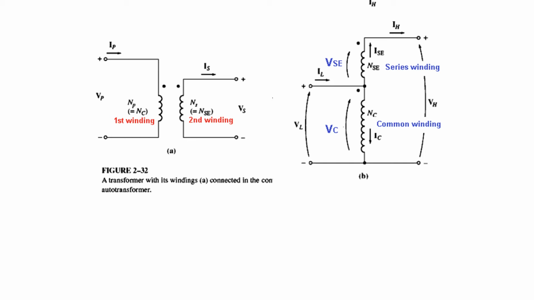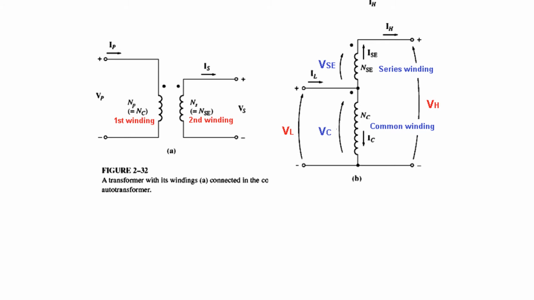Now the voltage here, which is common on both sides, is called VC. This is VL, that is the lower side or the primary voltage, and this is V common. The voltage across the series winding is called VSE. And this is the low voltage or VL, and the combination of the two voltages is actually the high side voltage or VH.